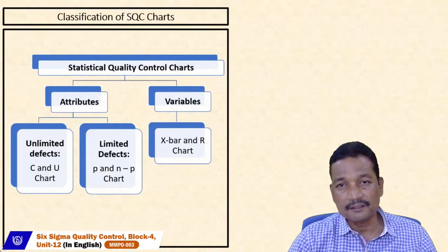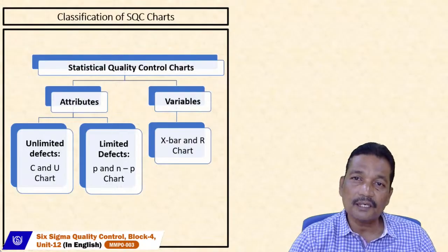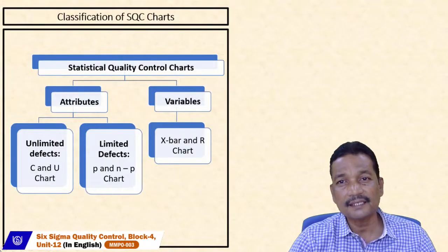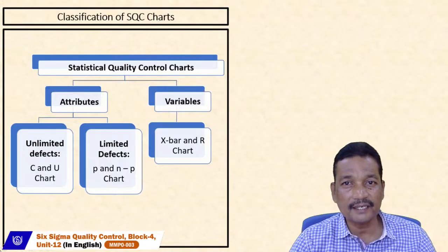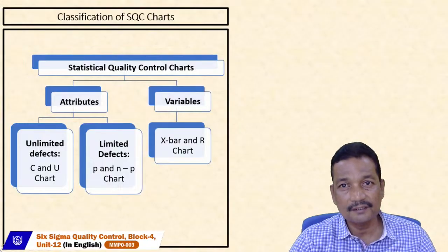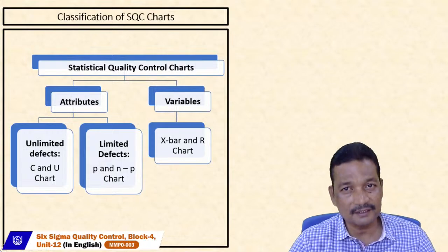Now, what are variables? Suppose I ask you, look at the device that you are holding in your hand. What is the length of that or the breadth of that? You measure it, I measure it, your friends measure it, anybody else passing on the road will measure it.